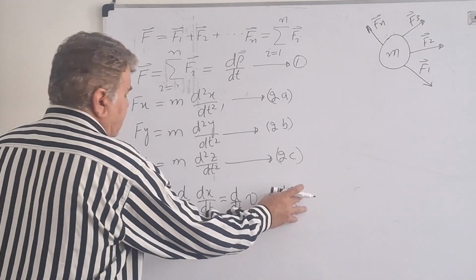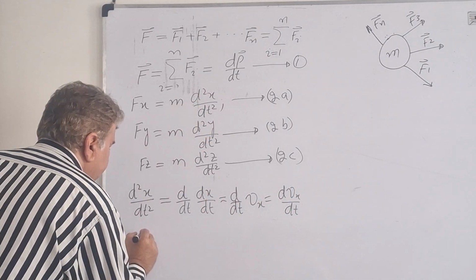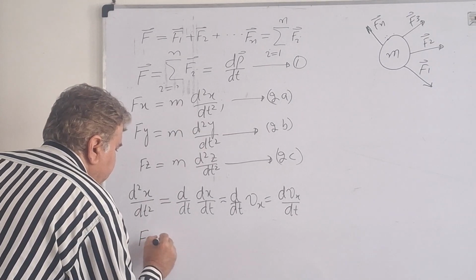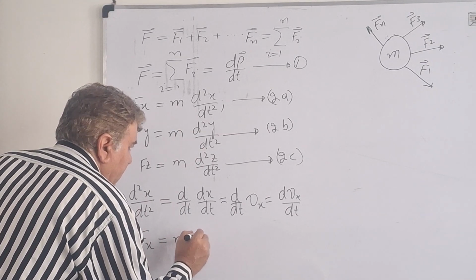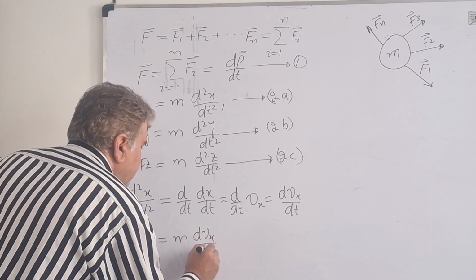So if I replace this value for the second derivative in equation 2a, I can rewrite the x component of force in the form m dvx over dt.